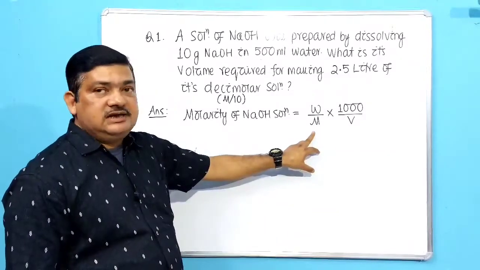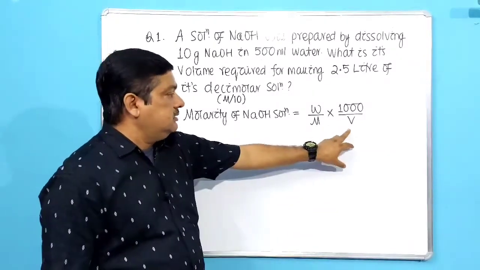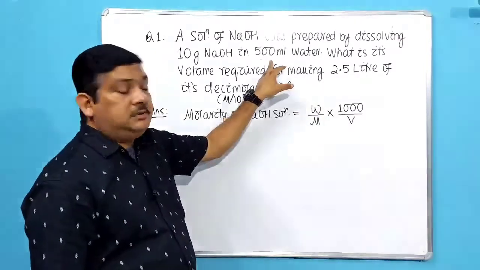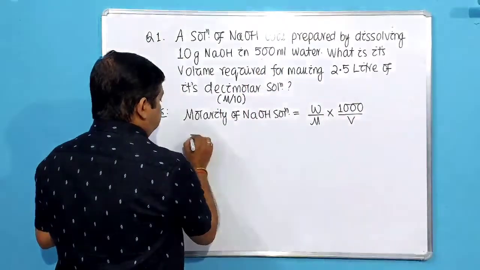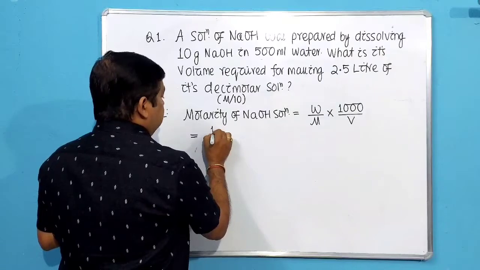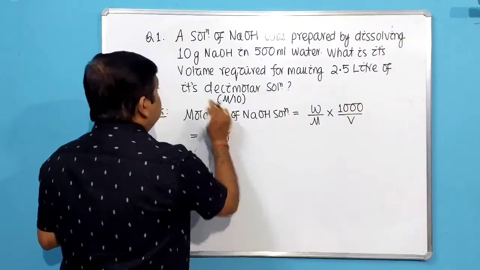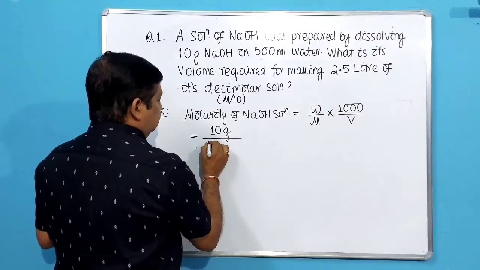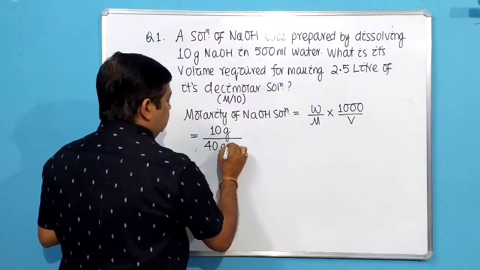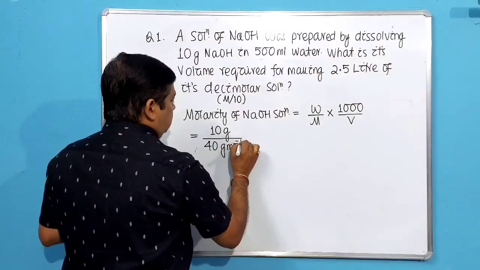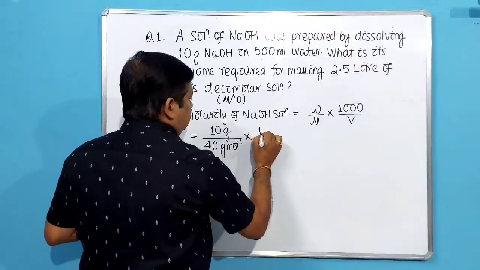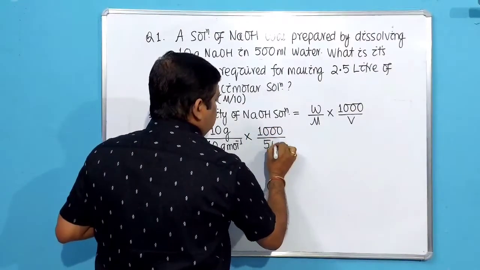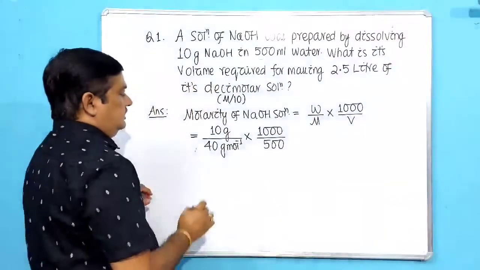Sodium hydroxide molar mass is 40 gram per mole. V is the volume in milliliter, 500 milliliter given. So W is 10 gram, molar mass 40 gram per mole, into 1000 by 500.